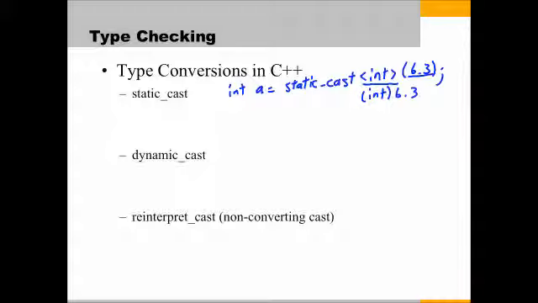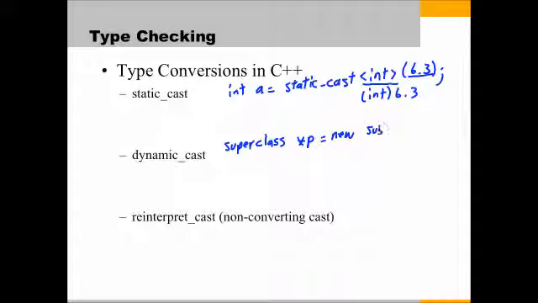But there's also something called a dynamic cast, which is putting off the checking until runtime, and it's because we can't perform the type check at compile time. A good example is when we need to be able to downcast in certain situations. So let's say that we had something like superclass star p equals new some subclass.